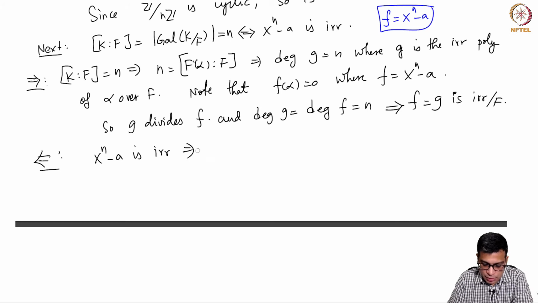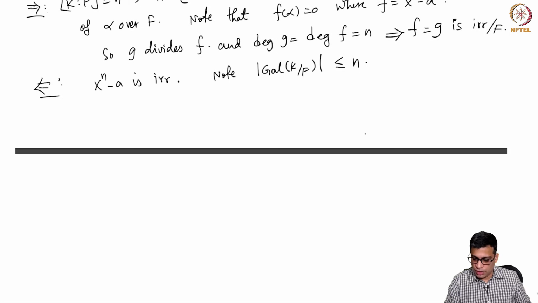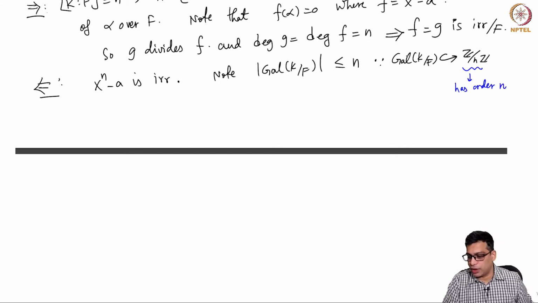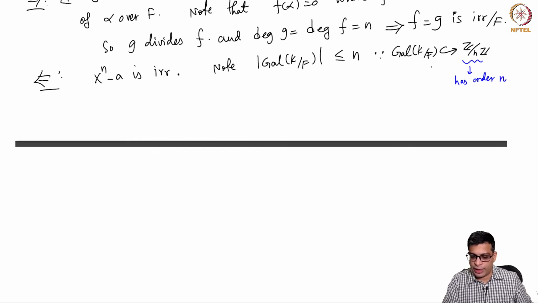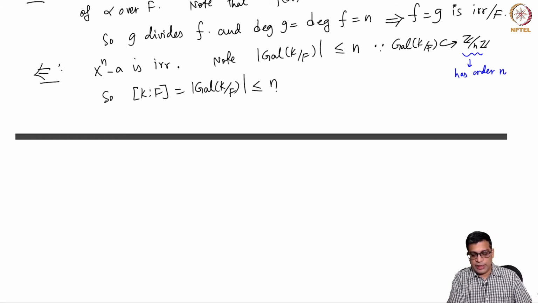But note that the order of the Galois group is less than or equal to n, because the Galois group is contained in the group Z mod nZ, and this has order n, right. So, if you have this as order n as a subgroup, this will have order at most n. Now, this implies the degree of the extension, which of course is the Galois group order, because the extension is Galois, is less than or equal to n.